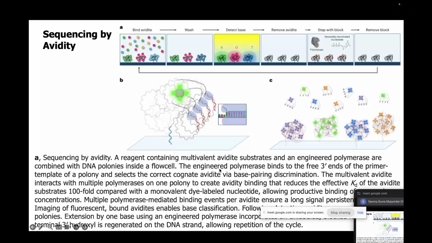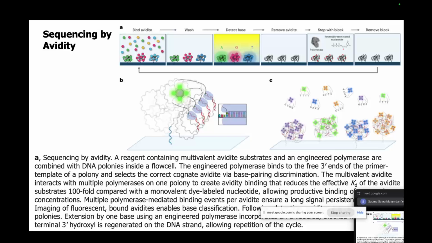The multivalent avidite interacts with multiple polymerases on one polony to create avidity binding that reduces the effective KD, which is the dissociation constant of the avidite substrate, 100-fold compared to a monovalent labeled dinucleotide.